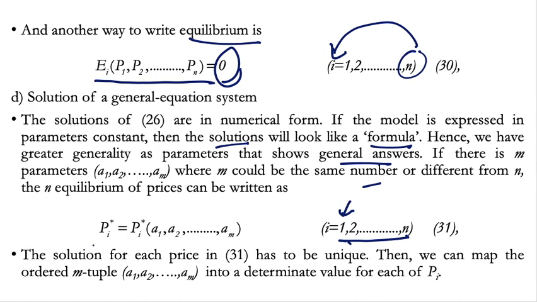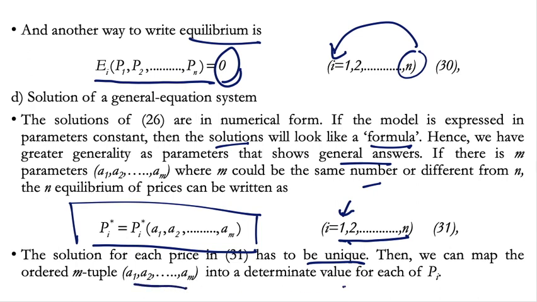So the solution here is this general form. But we know for sure that each commodity has one level of price, and it has to be unique. Then after that, we can map the ordered m-tuple of coefficients into a determinate value of each Pi.